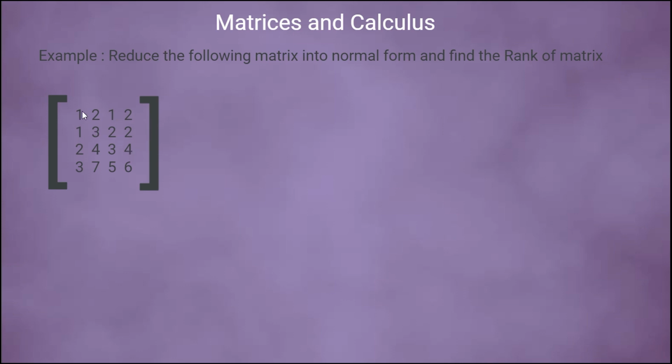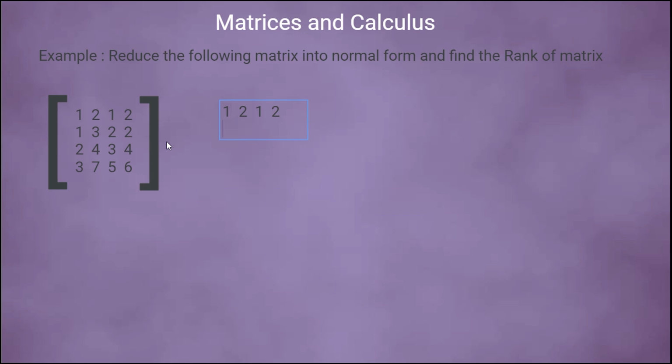R2 equals R2 minus R1. That is 1 minus 1, then we'll get 0, then 3 minus 2, we'll get 1, 2 minus 1 will get 1, and then 2 minus 2 will get 0. So I'll take another matrix here. This row will be the same: 1 2 1 2.